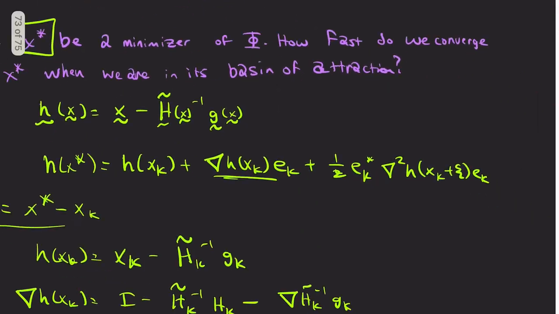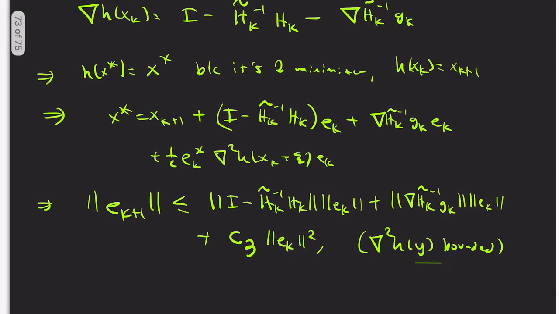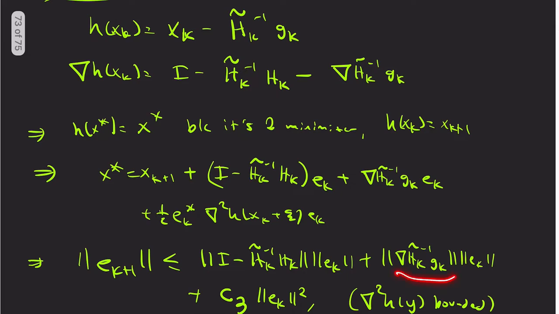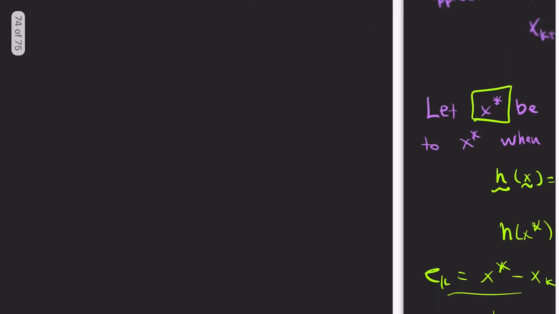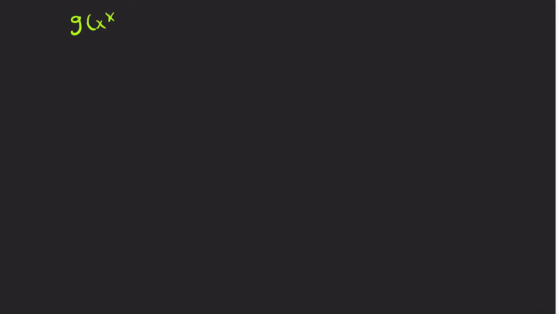And so let's play with some other terms. I'm going to play with this term a bit here. So I have the gradient term here. We know a little bit more about the gradient. Let's Taylor expand around xk. And we get that.